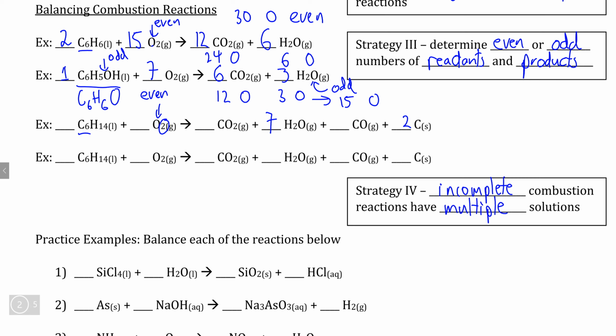Let's say that instead of 2 carbon dioxide and 2 carbon monoxide, let's say that we have 3 and 1.